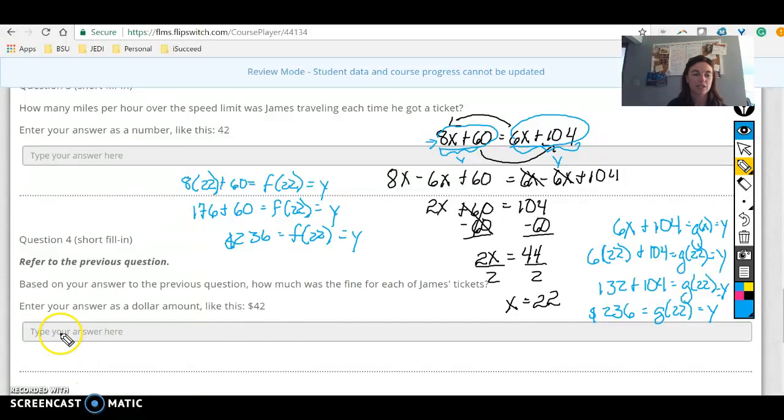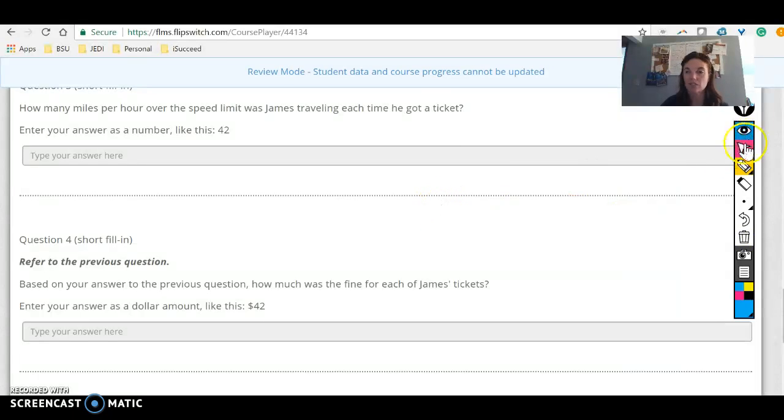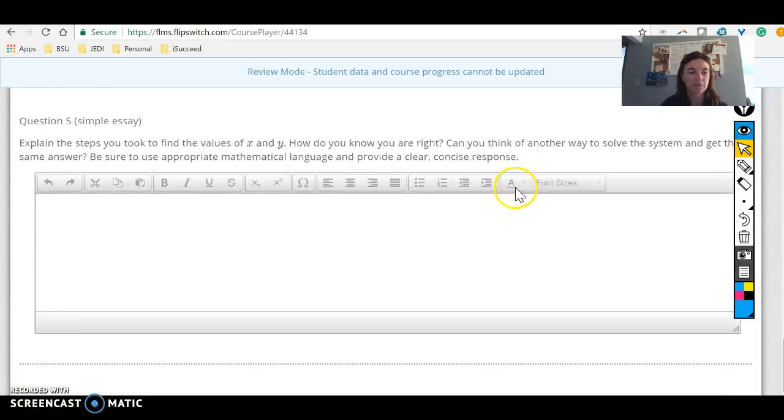So my answer here is 236. For 22 miles an hour over the speed limit, it cost $236. Yikes.